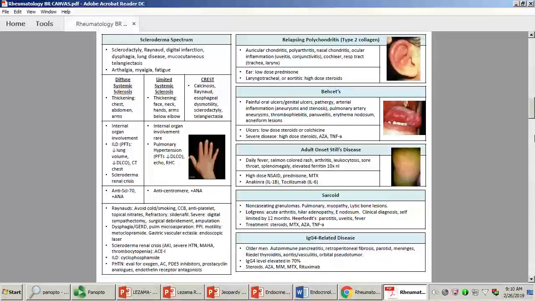Now, there are two other subsets of sarcoidosis that you should be aware of because they are tested on fairly frequently, Lofgren's being the number one. So who can tell me what Lofgren's syndrome is? Hilar adenopathy, ankle arthritis, and erythema nodosum. Excellent.